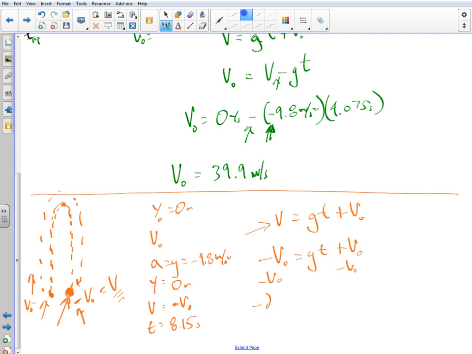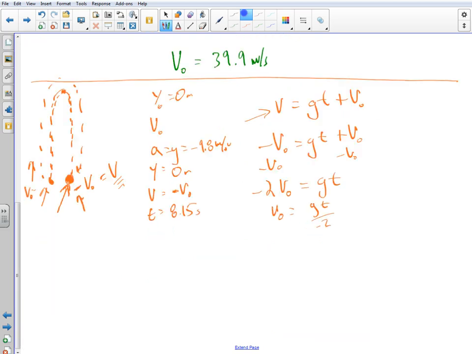That's going to give me negative 2 VO equals GT. So I'm going to divide both sides by negative 2. So VO is going to be GT divided by negative 2.